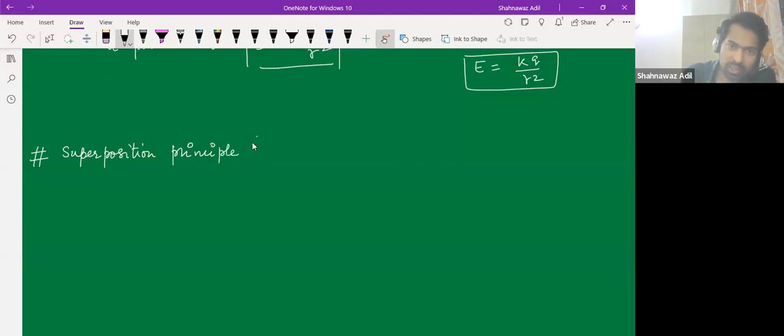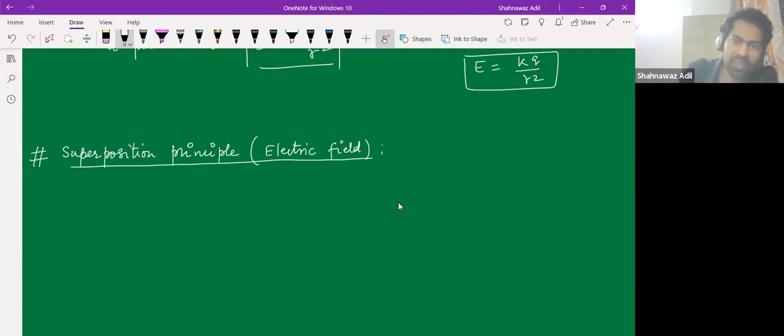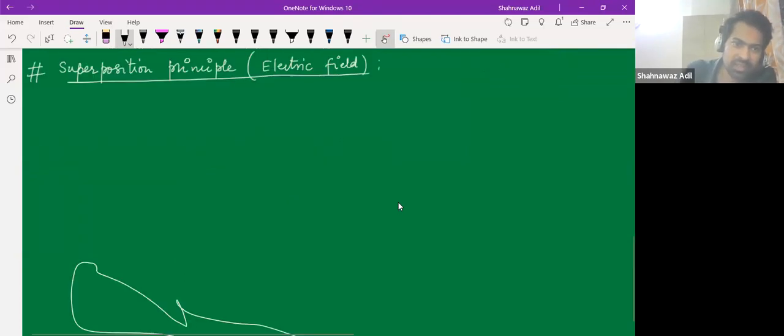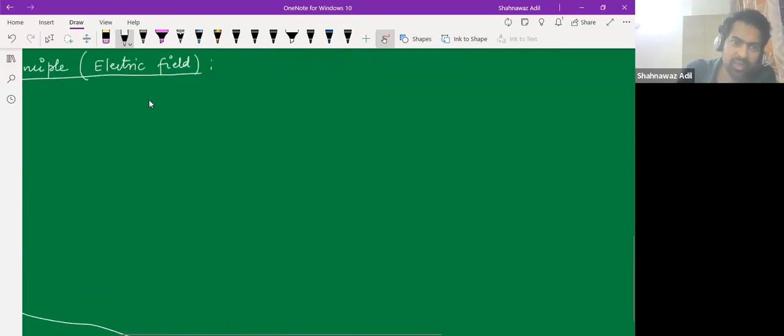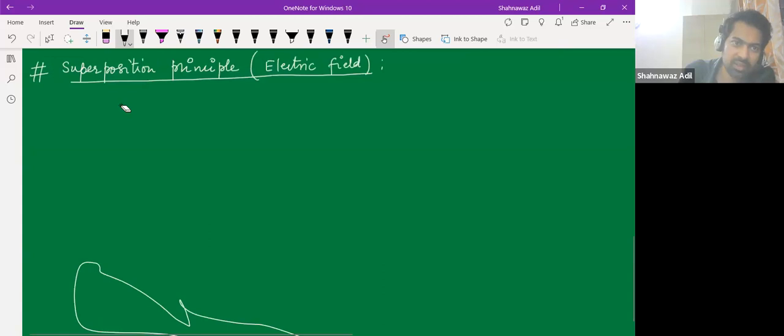And this is of electric field, right? So what does the superposition of electric field state? Let's say I have multiple charges.